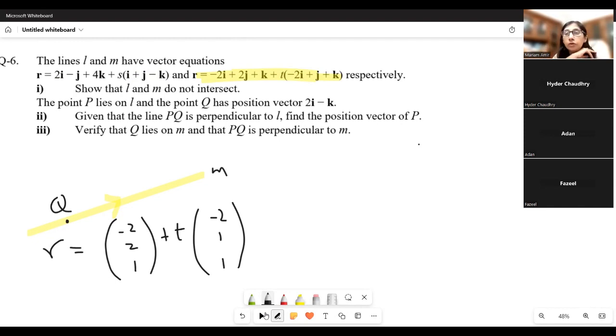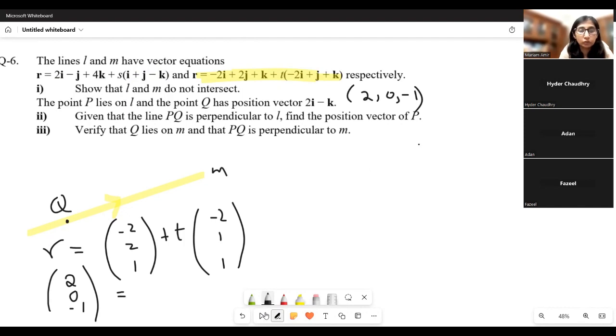Okay. Now, how do you show that the point Q lies on this line? You replace R with 2, 0, -1. The coordinates of Q. 2, 0, -1. So IJK, yes.